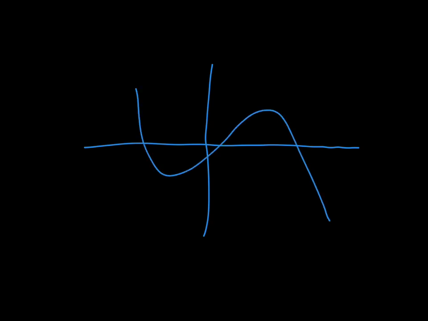At any hill or valley, the derivative, or the slope of the tangent line, will be 0. So you put a point on your x-axis at any hill or valley, because the derivative that you're going to draw is going to be 0 there.